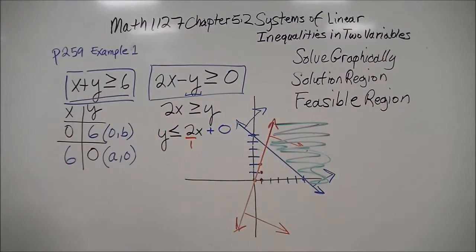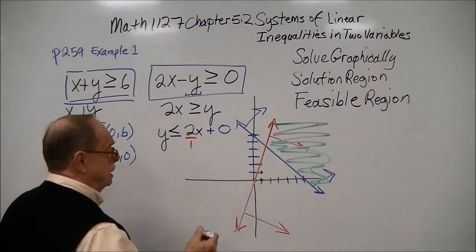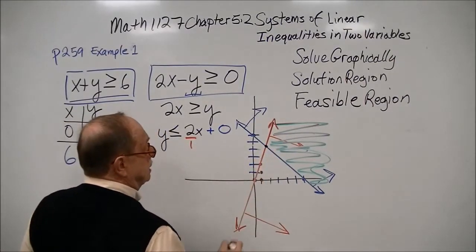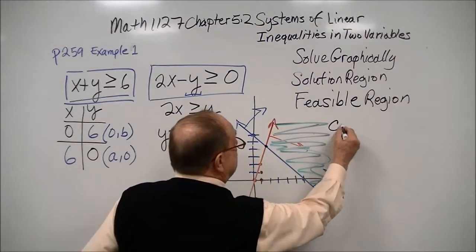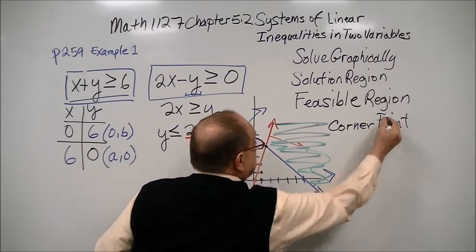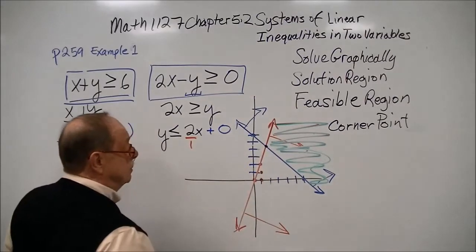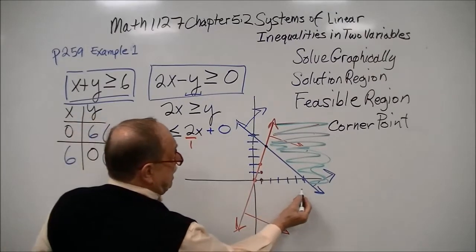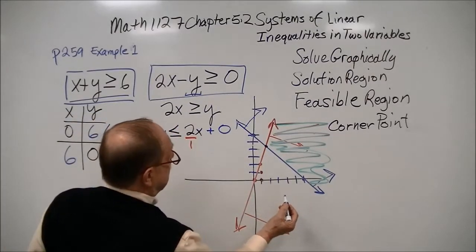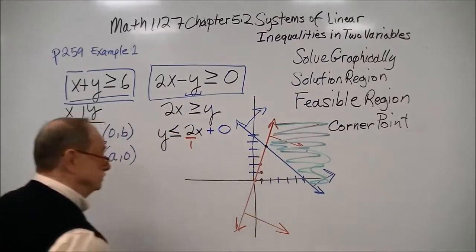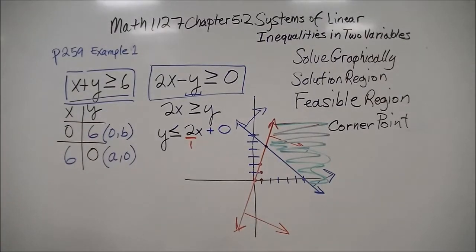Now there's another key word that we want to note here, that these lines are intersecting at this point. So this is called a corner point. And we don't know the value of that. And another corner point, depending, but we'll just use that one for right now.